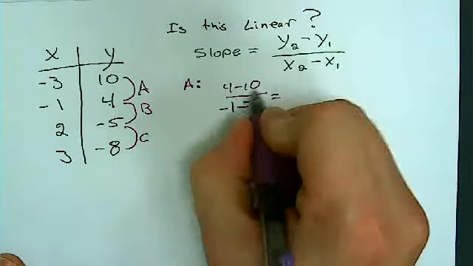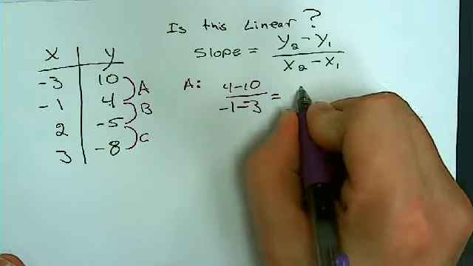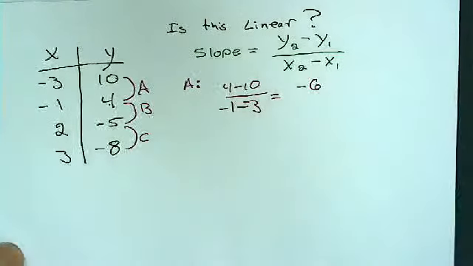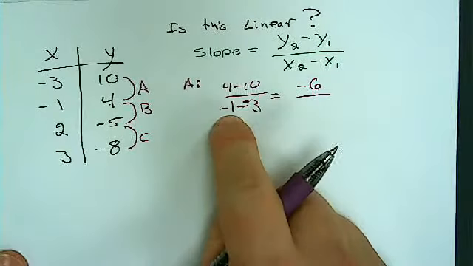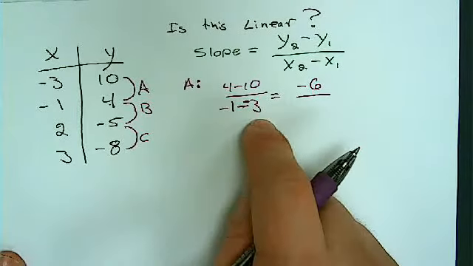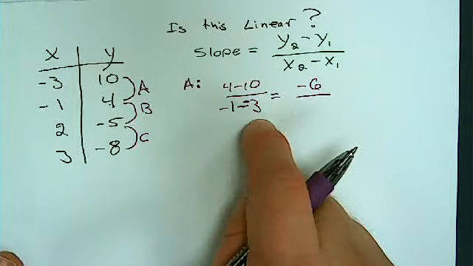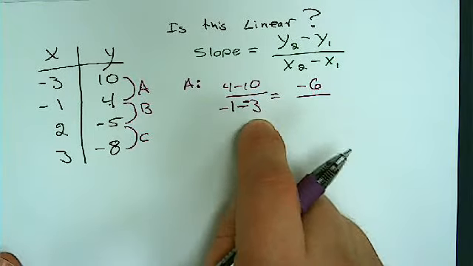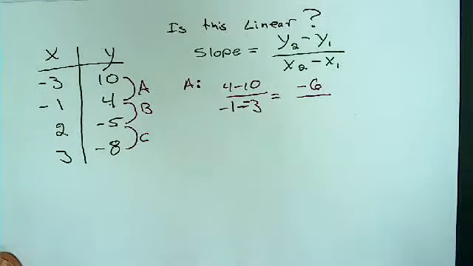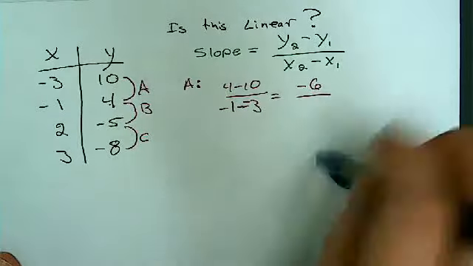So 4 minus 10 gives me -6, right? Now, -1 minus a -3. What's that going to become? Well, let's see.